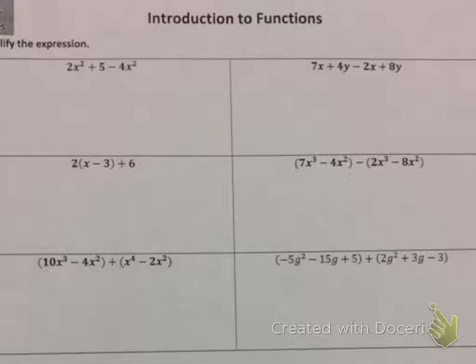So I'm looking for like terms, which means they have to have exactly the same power. If you notice, this 2x squared and that minus 4x squared have exactly the same variable on them. It's an x squared. Because they have exactly the same variable on them, I can combine them together. I'm just going to take their coefficients, that's the number out in front of them, and punch it in my calculator and let my calculator do the work.